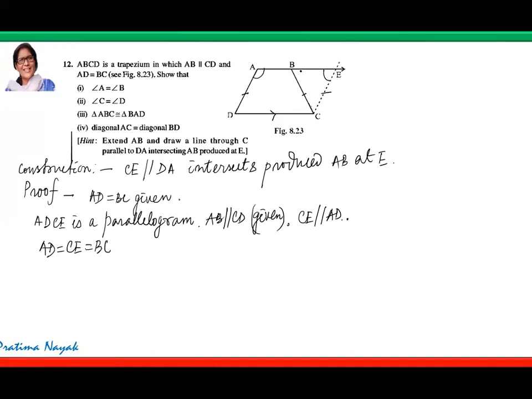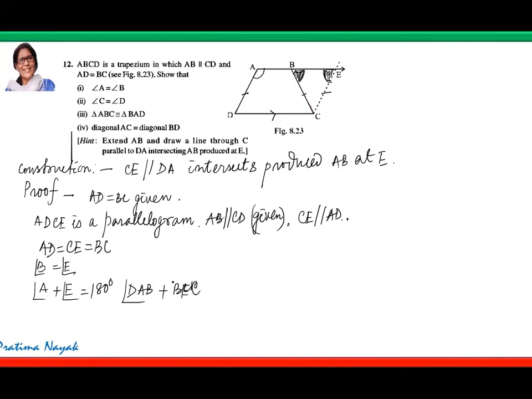So when CE is equal to BC, I'll get angle B is equal to angle E. When two sides are equal, two angles are equal. Now I'll write the sum of angle A plus E is equal to 180 degrees. A means DAB angle plus BEC angle.